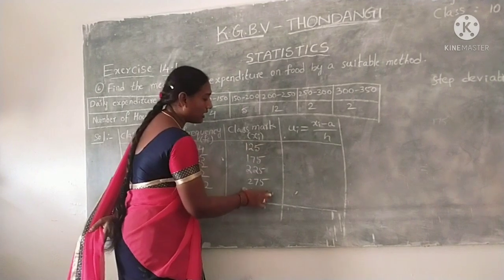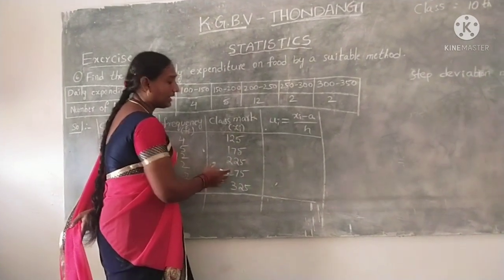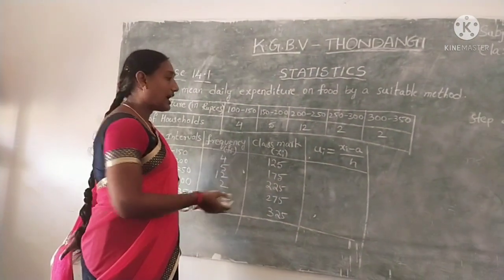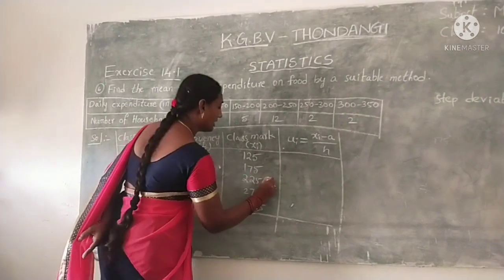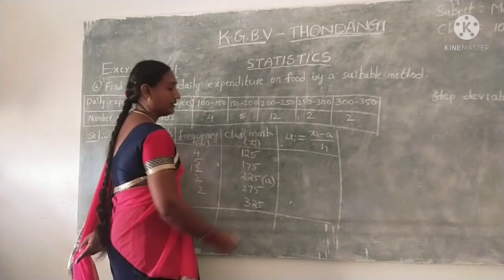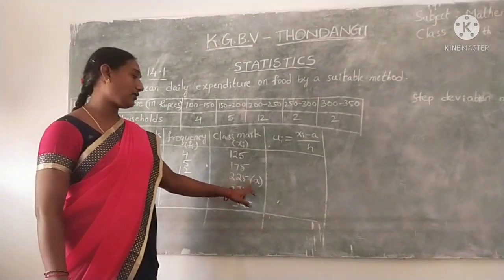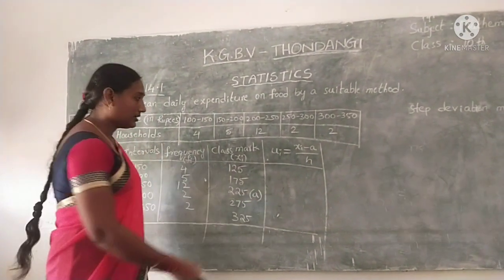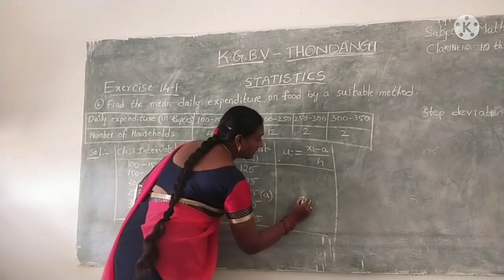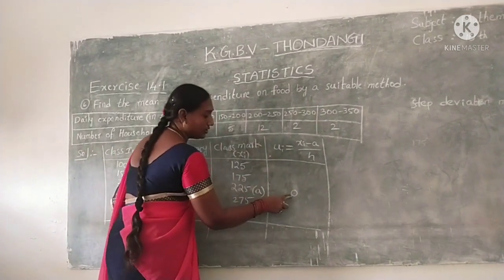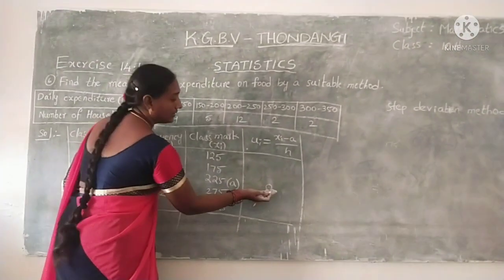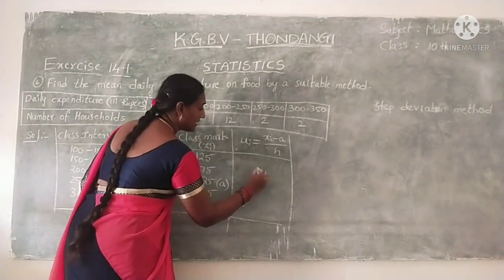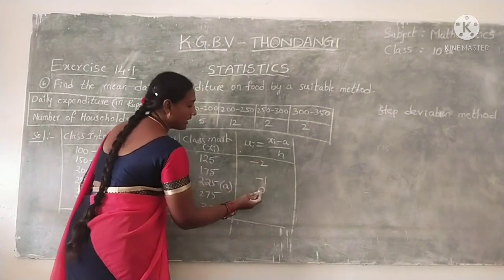In all these class marks, we can take any one as the assumed mean. Here I am taking 225 as the assumed mean. Opposite to the assumed mean value is 0. The one above is -1 and the one above that is -2.